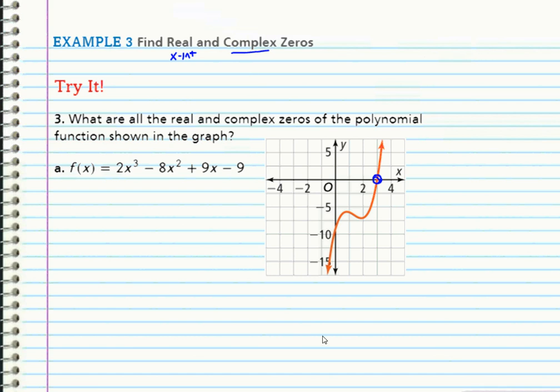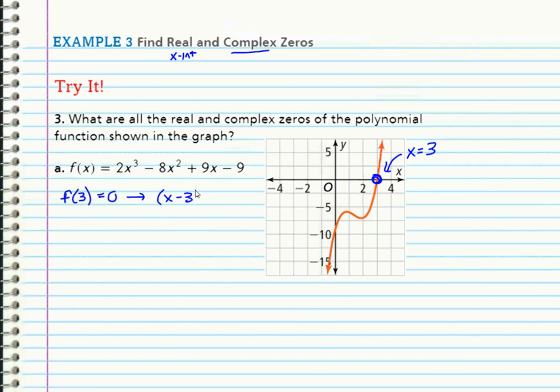Now, we learned last class this thing called synthetic division. And all we need for synthetic division is 1 zero. This zero appears to occur at 3. So if I know that's a zero, I know that f of 3 is 0. Okay? What that means is a factor is x minus 3.